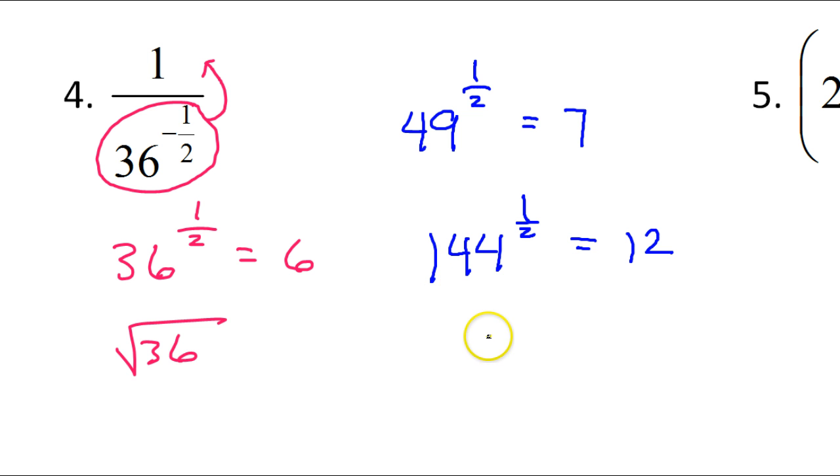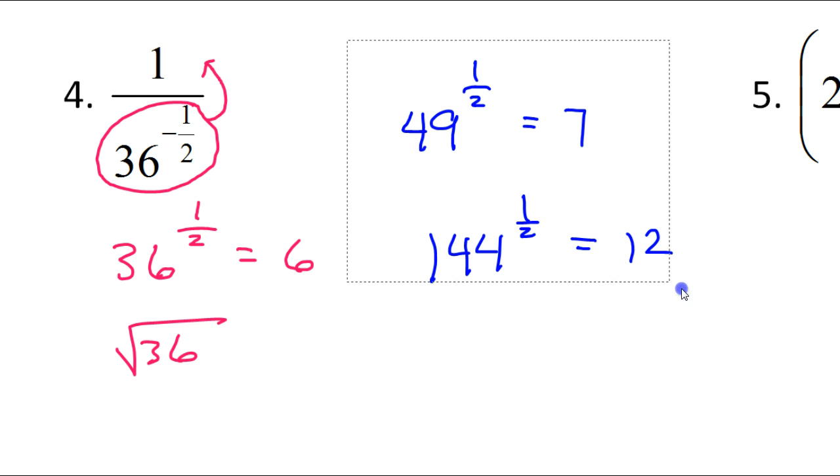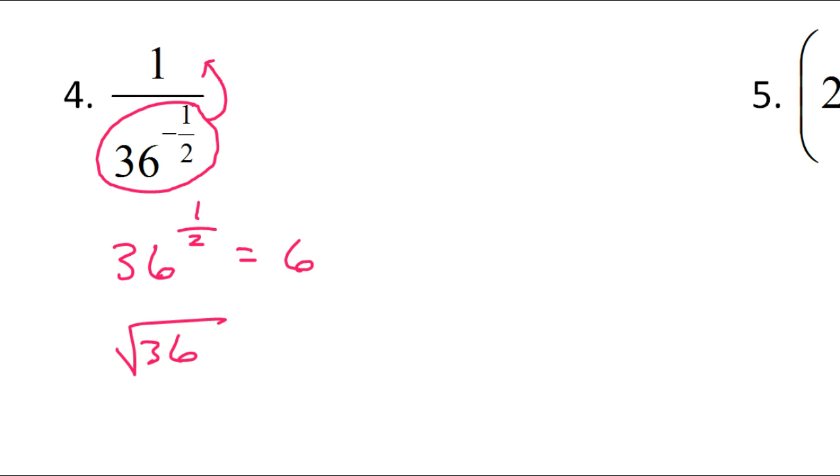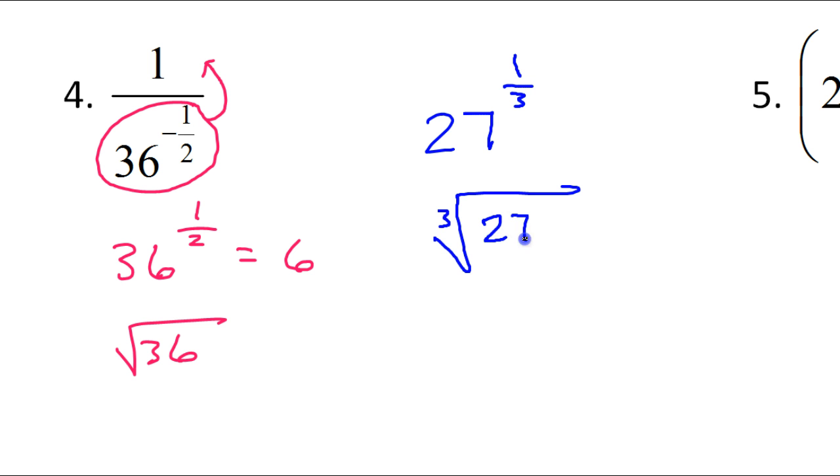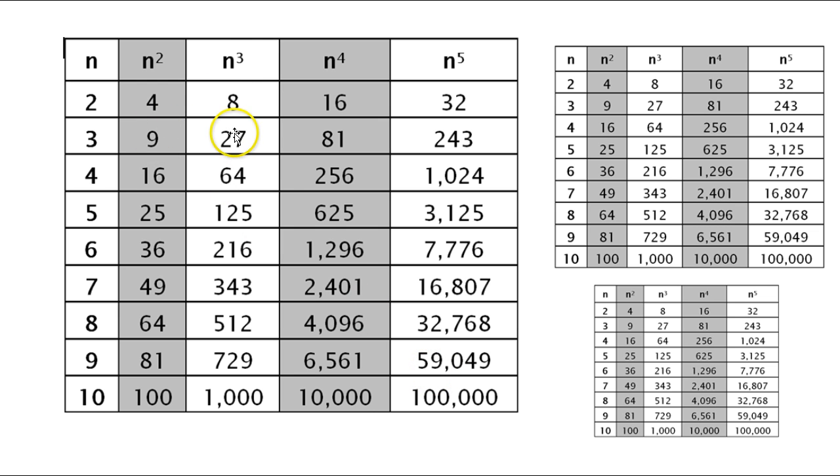Now, please understand that if I did the 1/3 power, let me just erase this mess. Alright, for example, if I had 27 to the 1/3 power, the 1/3 power is the same thing as the cube root. Alright, and the cube root of 27 is 3. Right? See the 27? The cube root of 27 is 3.